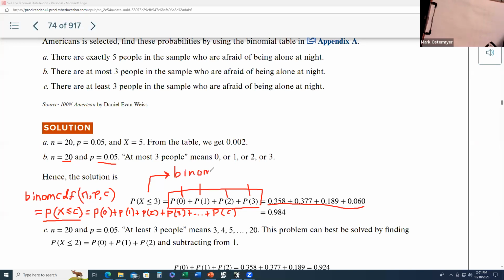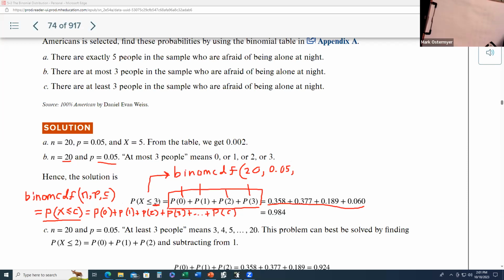So the binom CDF function, here's how we would populate its argument list. Binom CDF, how many trials did we conduct? 20. What's the probability of a success on any given trial? 5%? 0.05. What would be my number c here? 3.